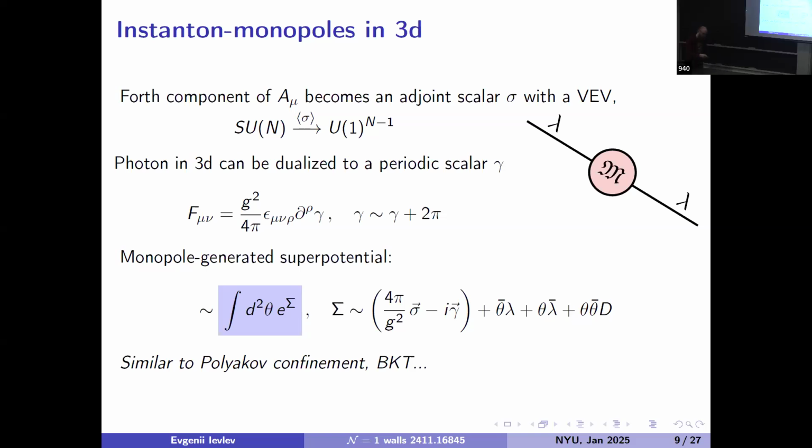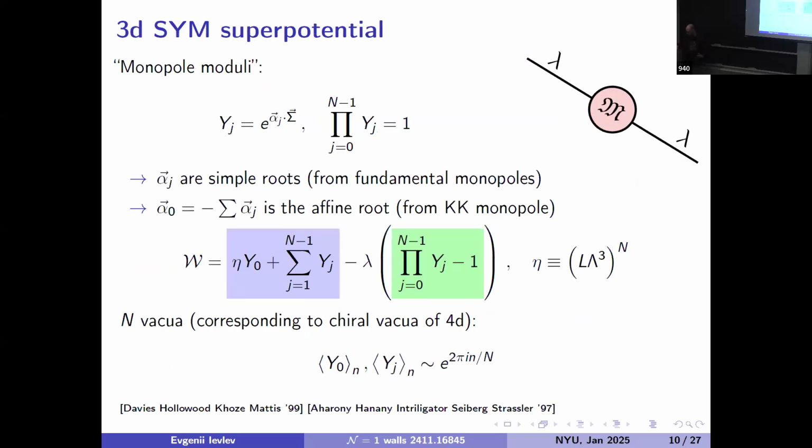But due to the nature of our theory, that on the microscopic level it's actually 4D and one of the dimensions is periodic, there is one extra monopole which is called the Kaluza-Klein monopole, KK monopole. So there are N monopoles and variables in total, and the superpotential is, roughly speaking, a sum of these monopole variables with a constraint: the product of these monopole variables is one.